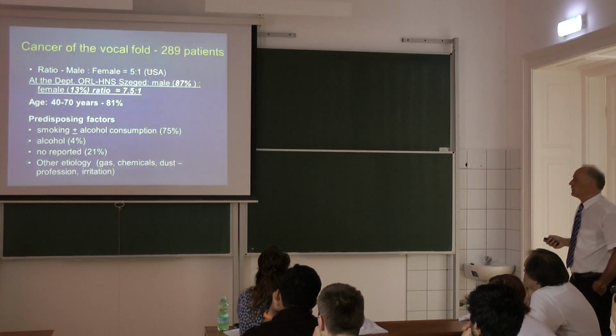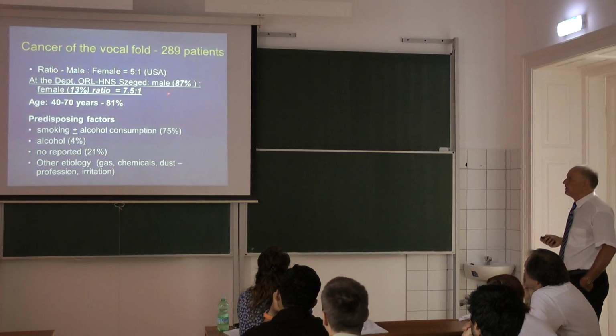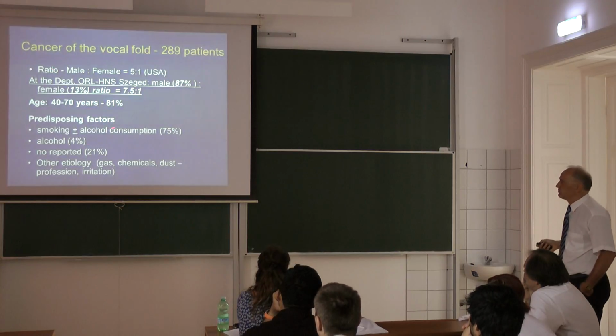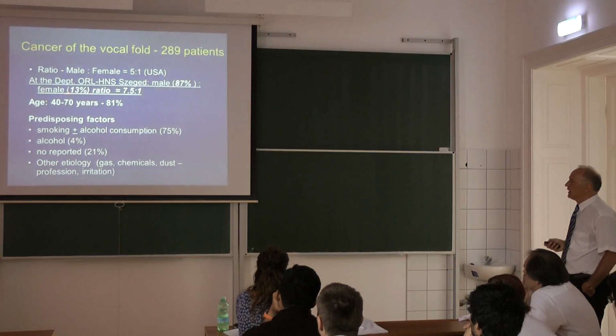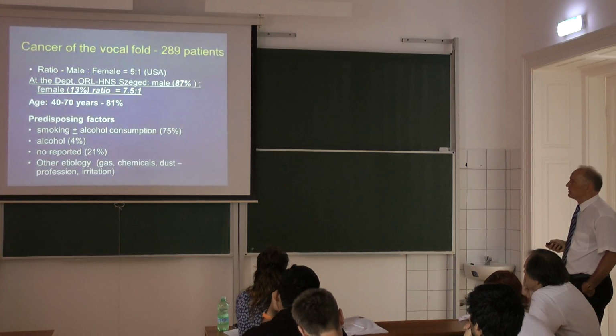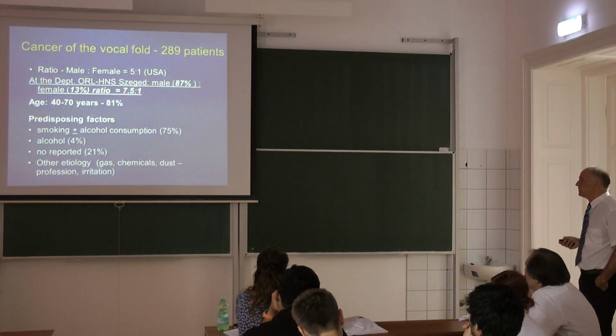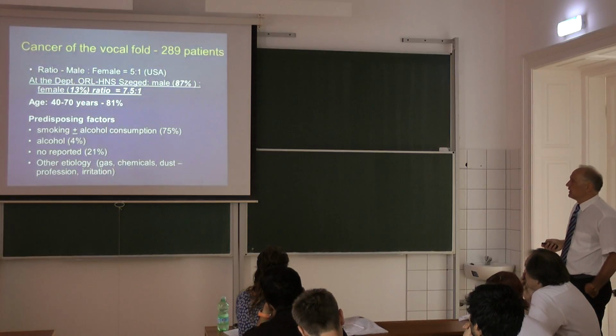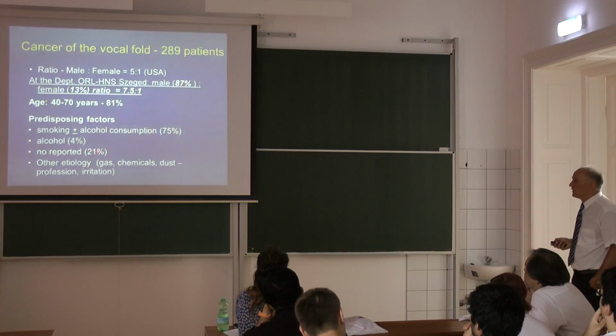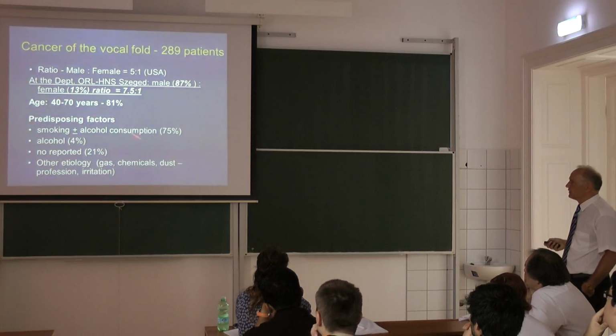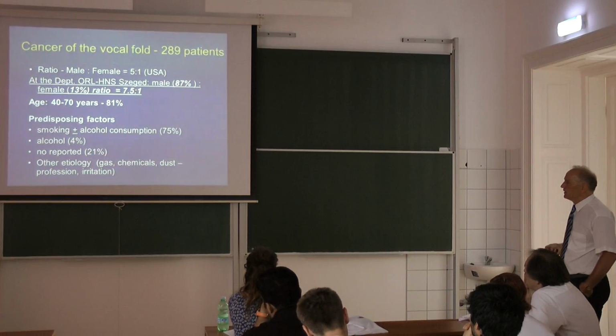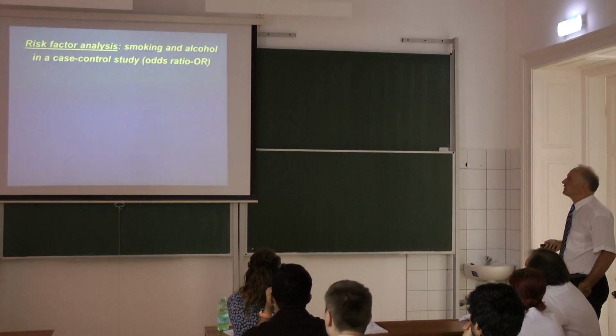You see here the man-woman ratio of glottic cancer, and the age ranges from 40 to 70 years, and the predisposing factors like smoking and alcohol consumption, together, highly increase the risk of the development of the tumor.